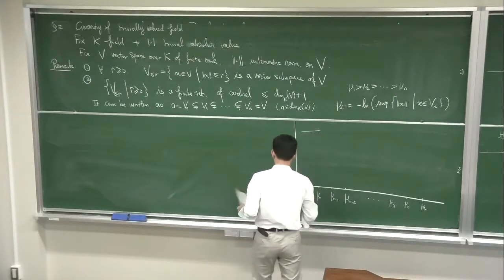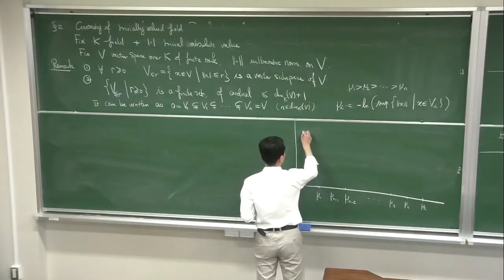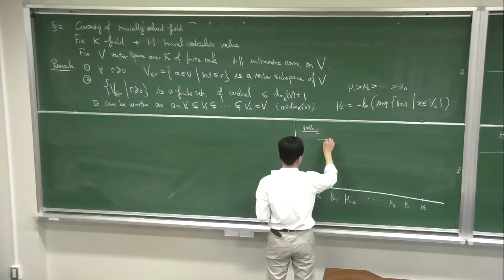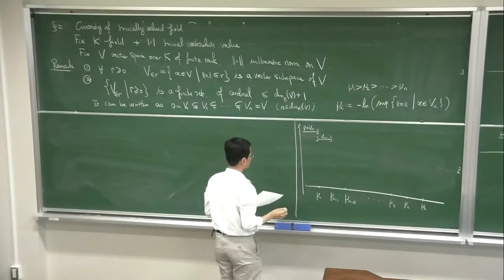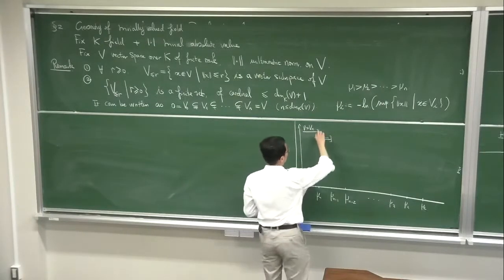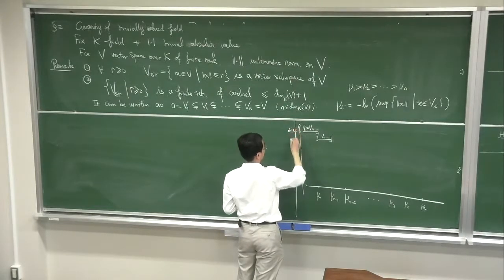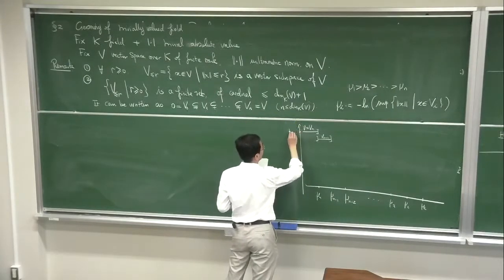You begin with V, which is Vn. And then you put V_{n-1} here. So here the coordinate is the rank of Vn.